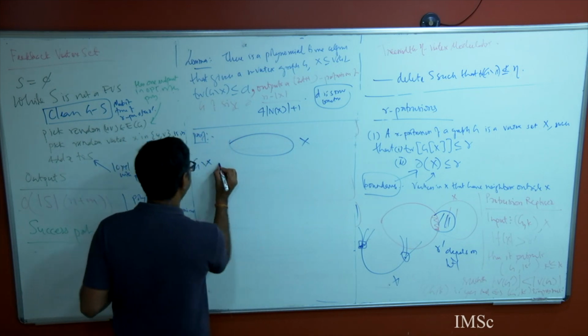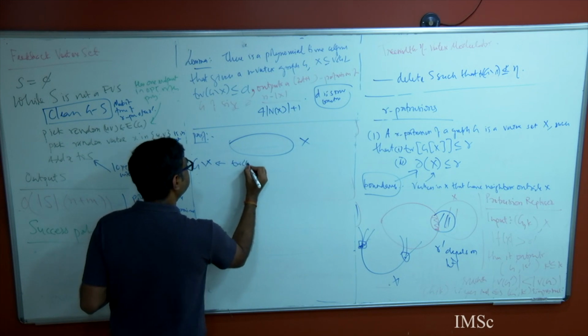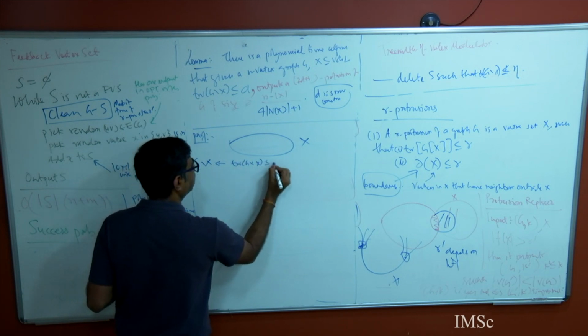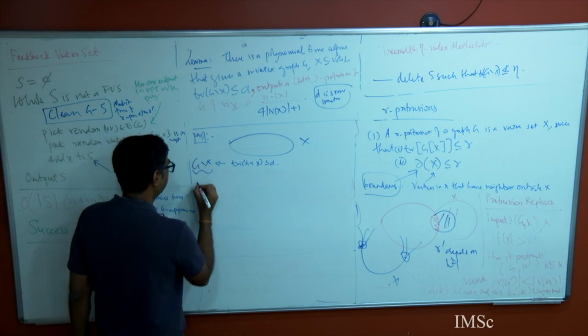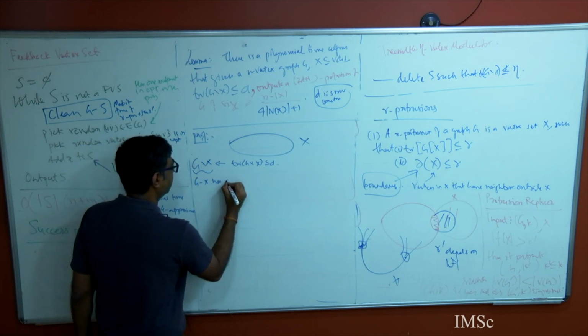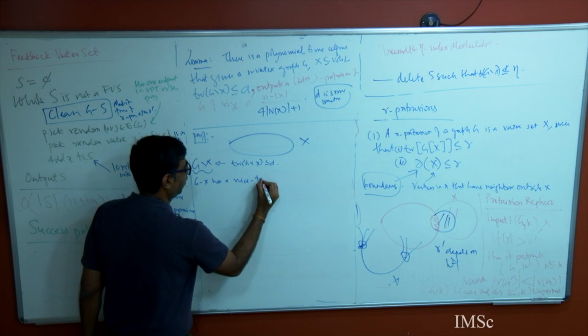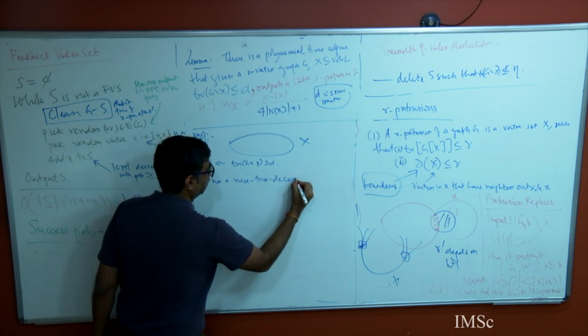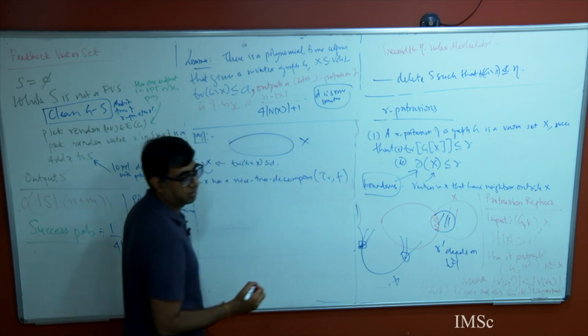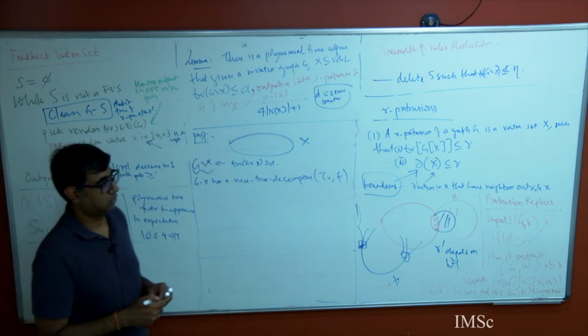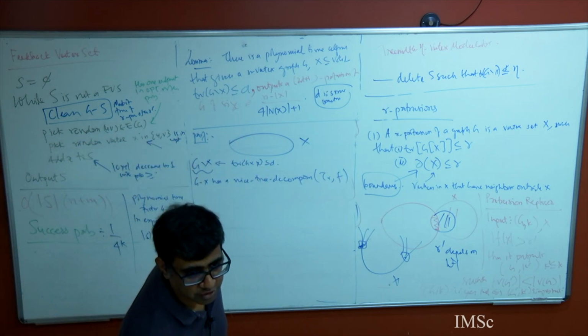And what do you know of this? Tree width of G minus X is at most d. This much we know. So G minus X has a nice tree decomposition (T, f).